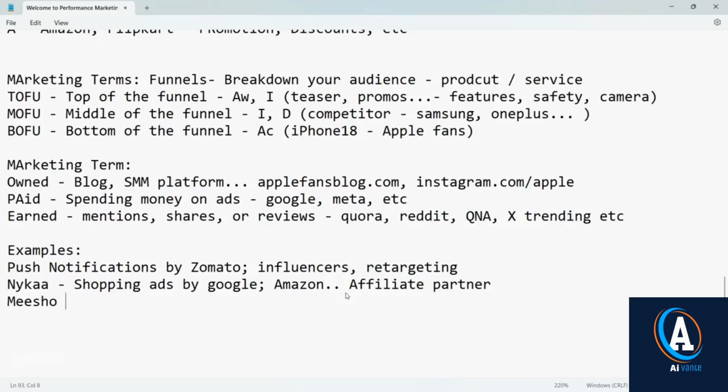Then we can take an example of Meesho as a brand, where Meesho has looked at performance-led campaigns through generating leads, which could be leads for more vendors coming in, like these artisans, especially from tier 1, tier 2 cities.